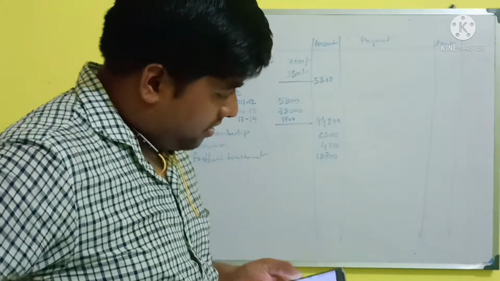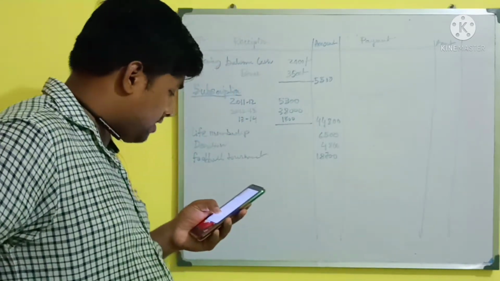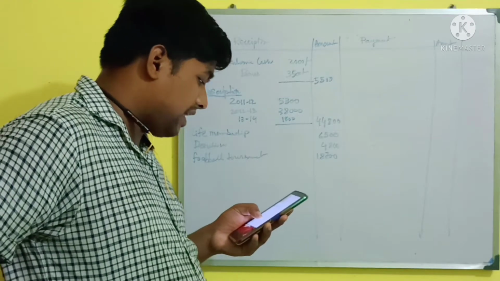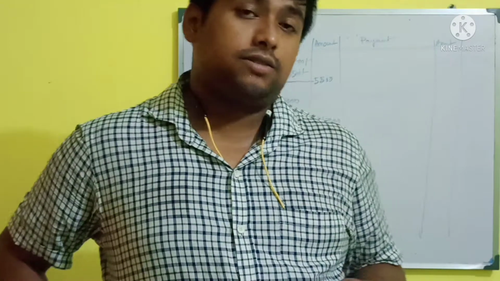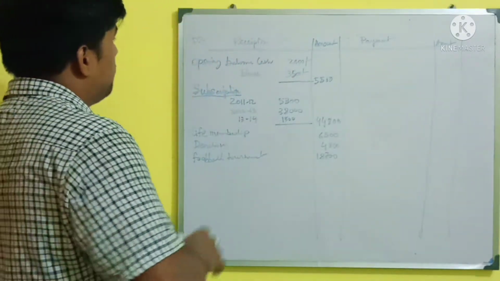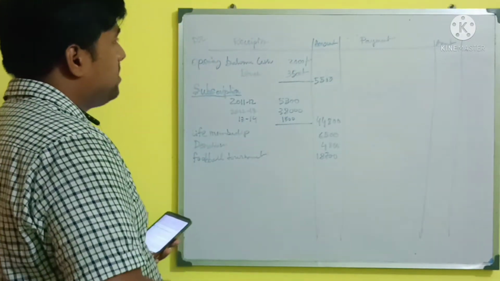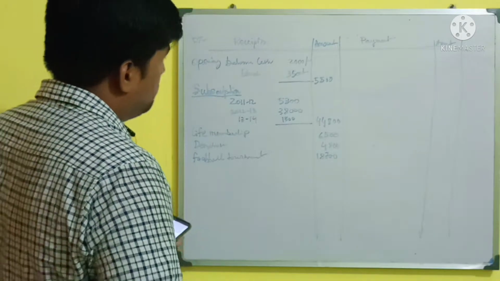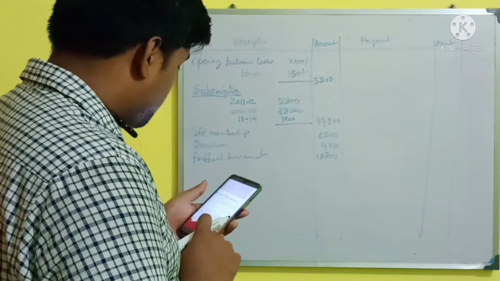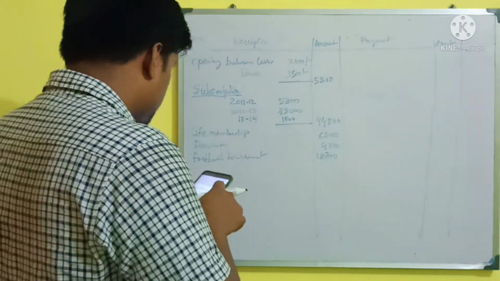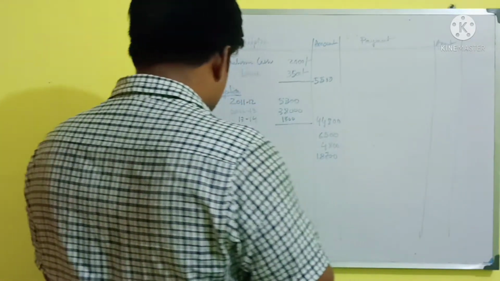Now the other part is showing the tournament expenses, wages, salary, and furniture purchase. All of these are expenses, so we do not have to write them down for the receipt part. We have completed the receipt and now it is time for payment. At first we have to write down the tournament expenses, which are expenses for the club.